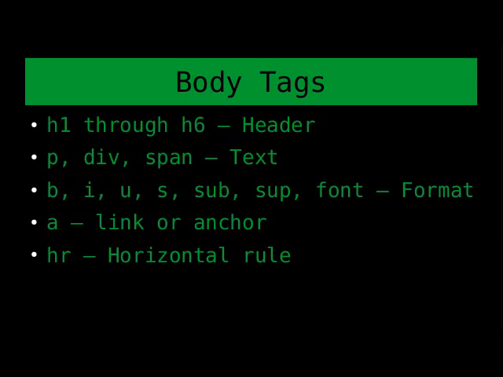Underscore blank will open it in a new tab. Underscore top will enforce that it's at the top level frame within the current window. And we'll get into more of that when we deal with frames.